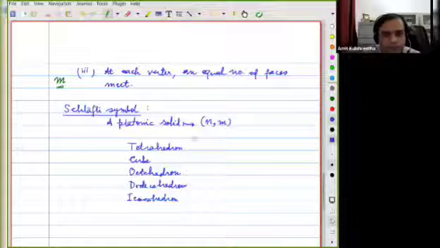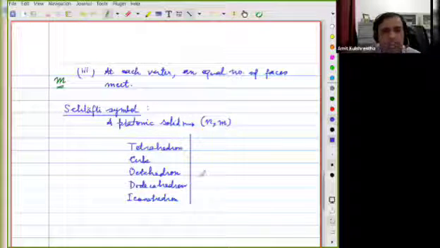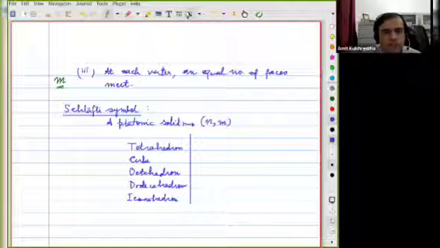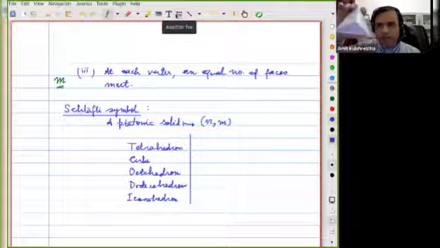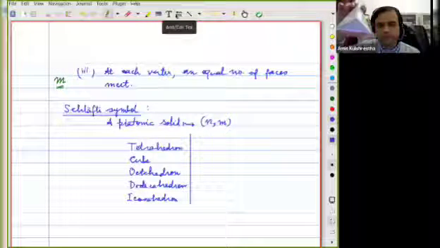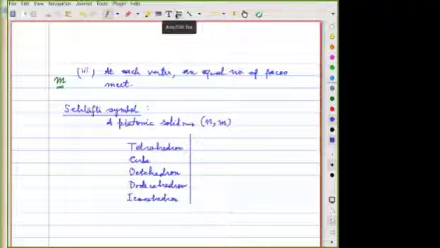You can simply tell me what their Schläfli symbols are. Tetrahedron is this, right? So what's the Schläfli symbol for it? 3 comma 3, right?